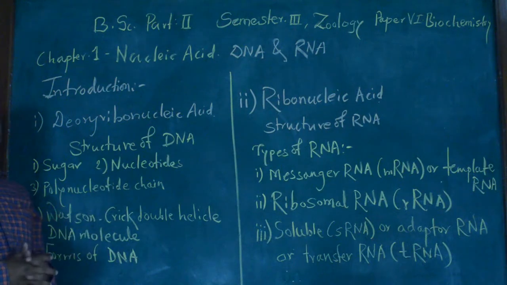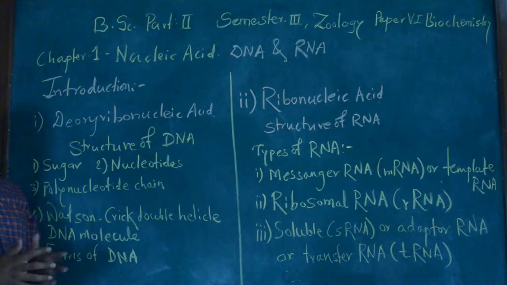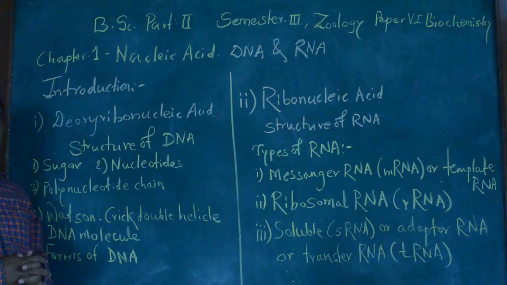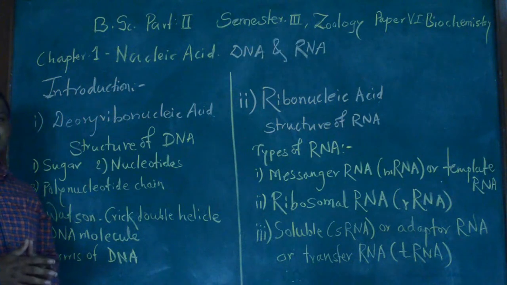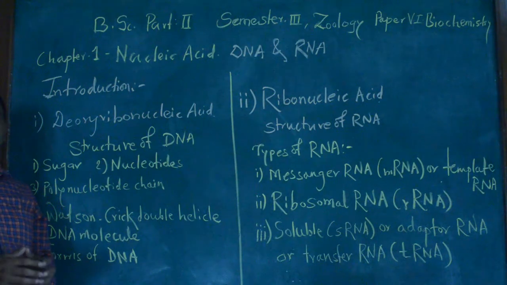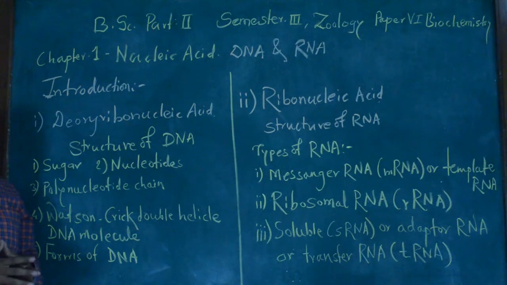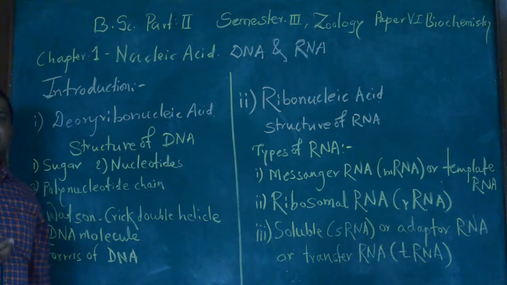A polynucleotide chain means that a number of nucleotide components come together and form a long chain of nucleotides. The polynucleotide chain plays an important role in the formation of the DNA strands. Basically, they have anti-parallel strands, 5' to 3' and 3' to 5'.